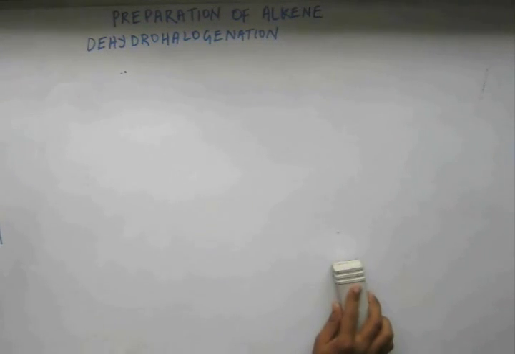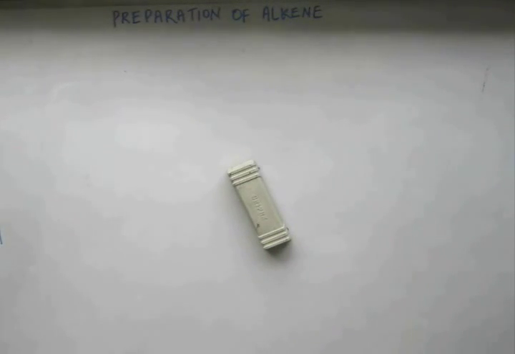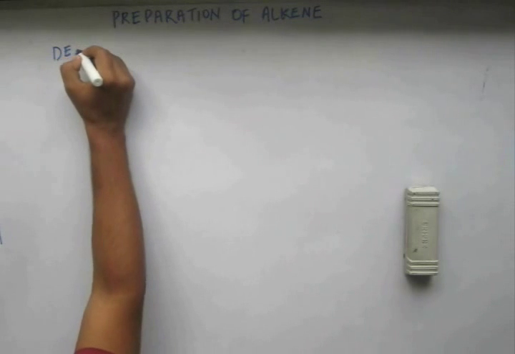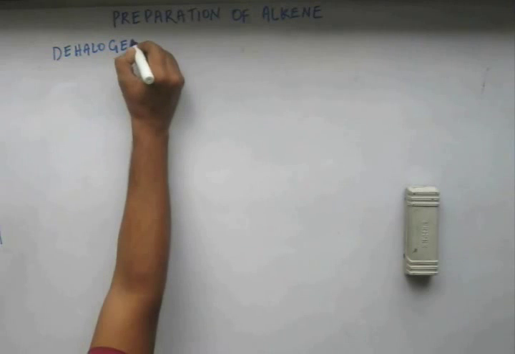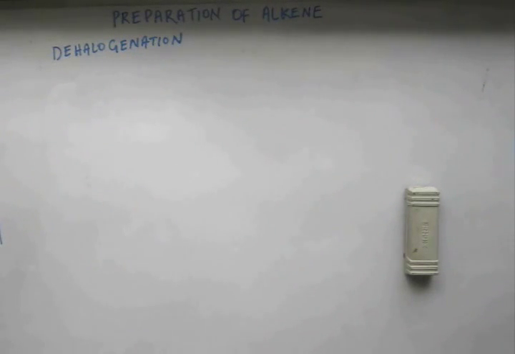So this was the second method of preparation of alkene. Now let's move to the next method of preparation of alkene, which is somewhat similar to the present method, and this would be called dehalogenation.